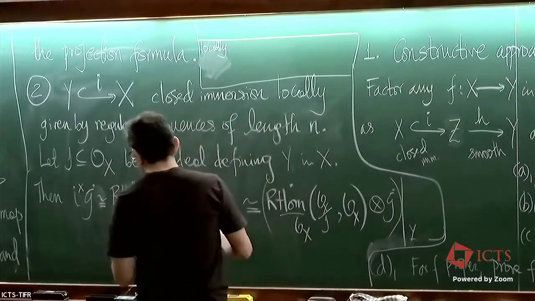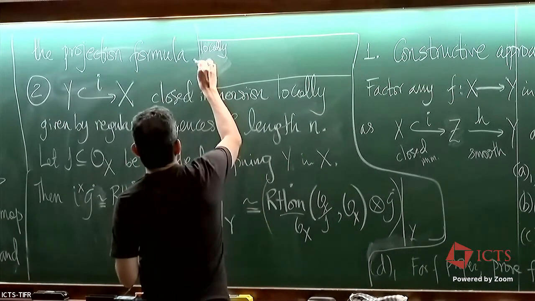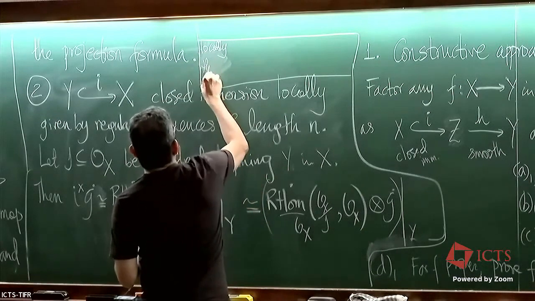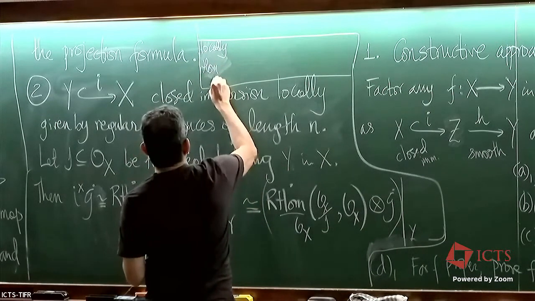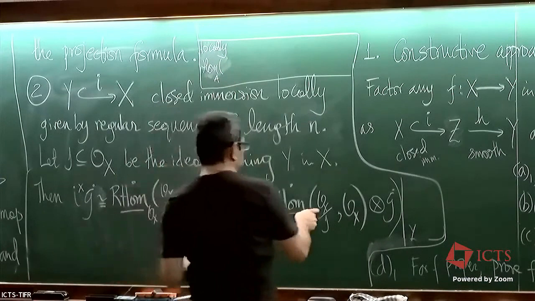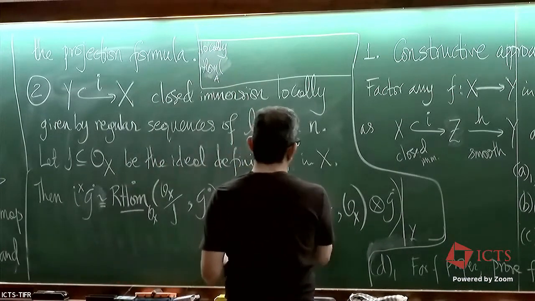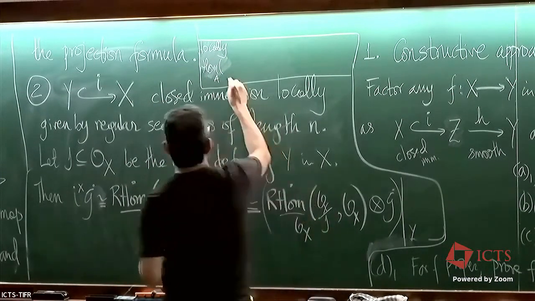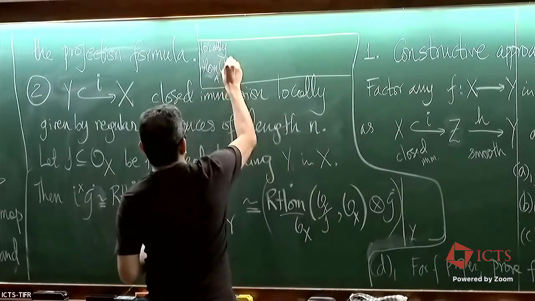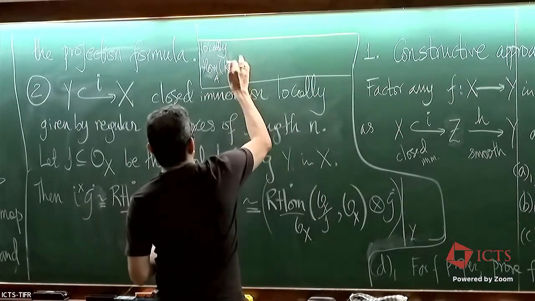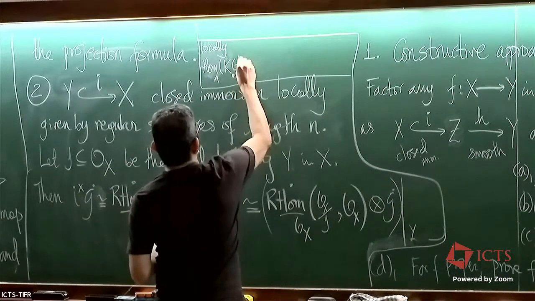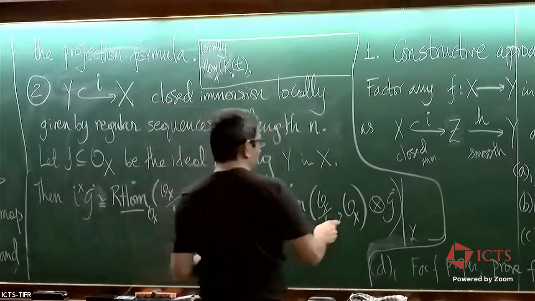If that regular sequence is denoted by T, then I'll have Hom over A, and instead of R Hom I'm going to replace it by the Koszul resolution K lower dot of T, comma A.